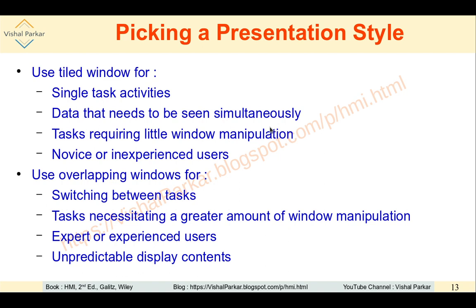They all need to be maximized, and they can be made to overlap one on top of the other, so that we can simply switch as per the need and get the work done. Obviously, they are useful for expert or experienced users. They are also suitable for conditions where the display contents are unpredictable. We don't know what will happen. So everything needs to be maximized.